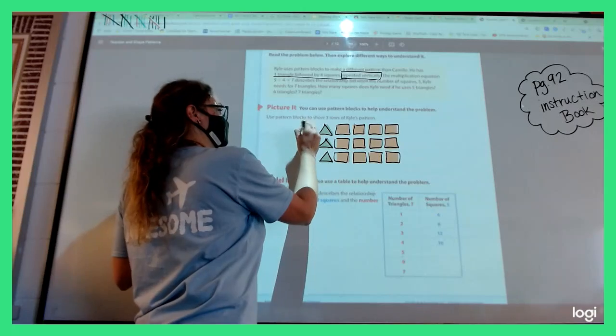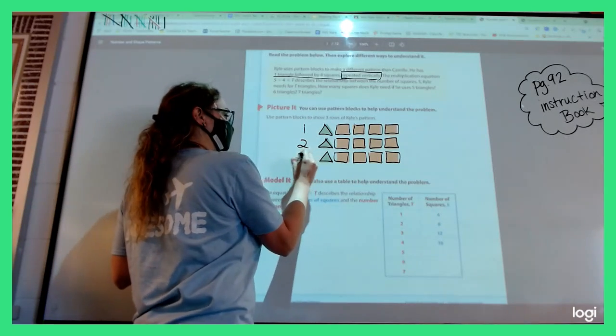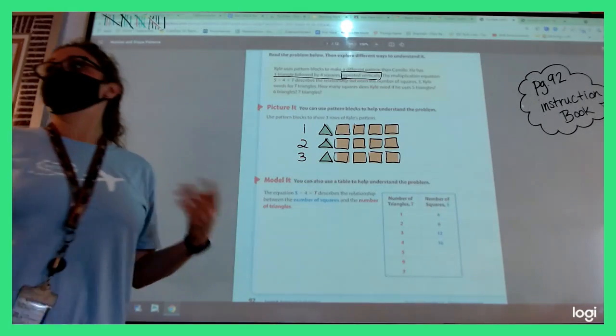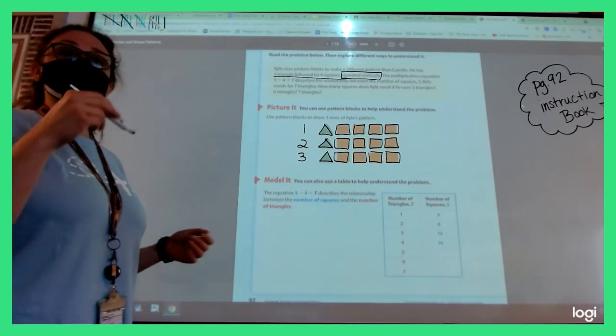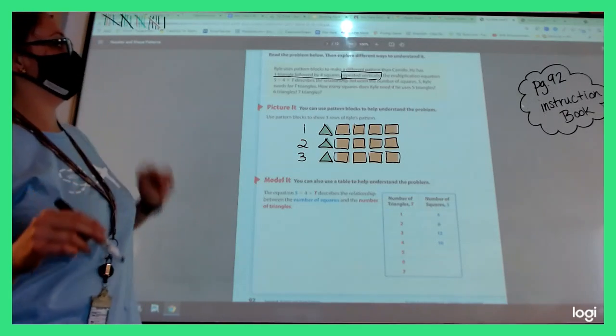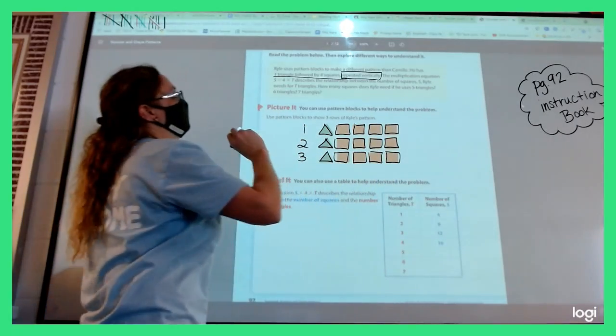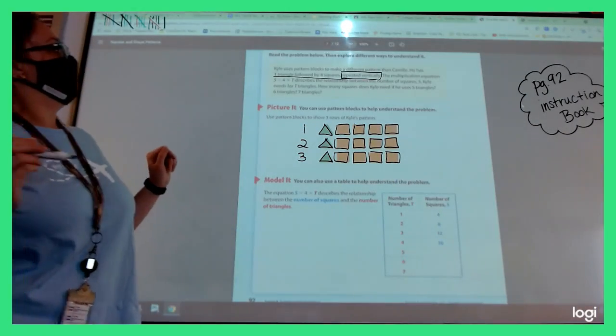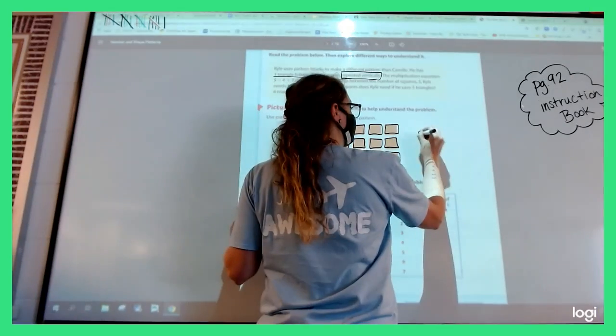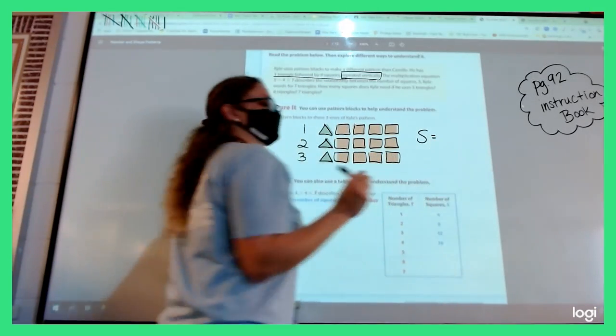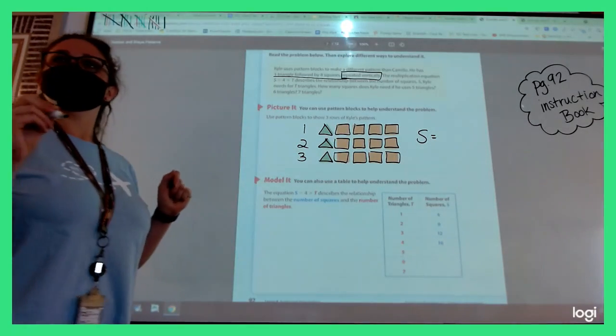So here's the first row of his pattern, the second row, the third row. Could we continue making more rows of that pattern? Yes. Yeah, just one triangle, 4 squares, excuse me. All right, now they gave us a multiplication equation that we could use, and it is S = 4 times T. What does the S stand for? Abby?